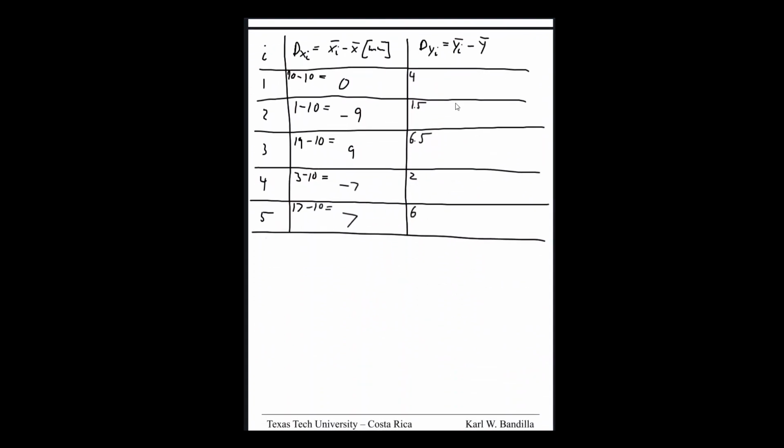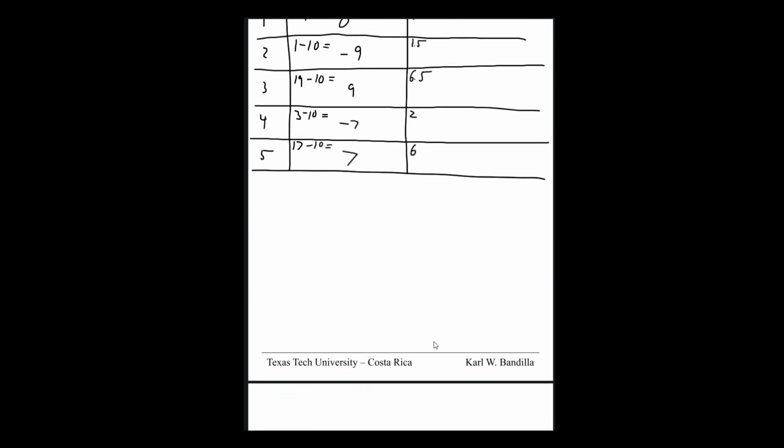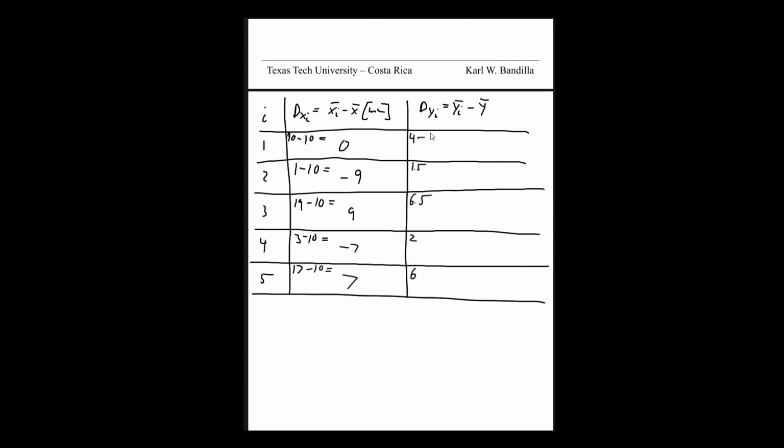My y bar is 4. 4 minus 4 equals 0. 1.5 minus 4 is minus 2.5. 6.5 minus 4 is 2.5. 2 minus 4 is equal to minus 2. 6 minus 4 is equal to 2.